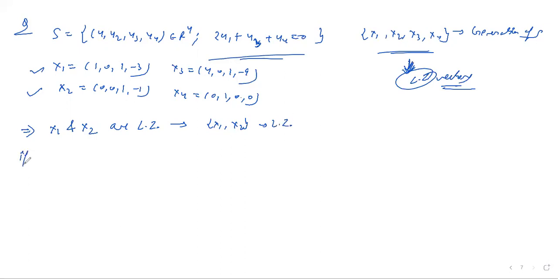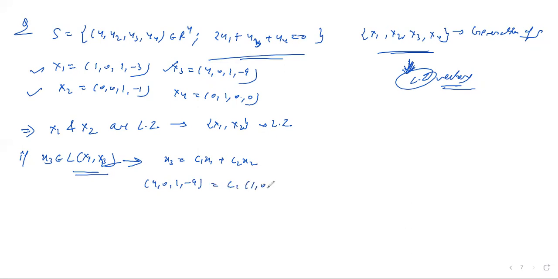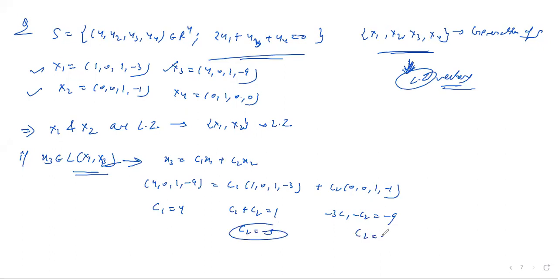Now if we take the vector x3, let's check whether this x3 belongs to the span of x1 and x2. So x3 equals c1 x1 plus c2 x2, for scalars ci. That is (4, 0, 1, -9) equals c1 (1, 0, 1, -3) plus c2 (0, 0, 1, -1). Let's find the constants: c1 equals 4, c1 plus c2 equals 1, and -3c1 minus c2 equals -9. This gives c2 equals -3, and this also gives c2 equals -3.